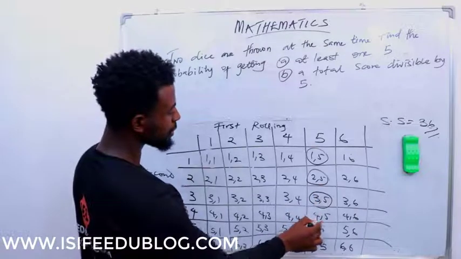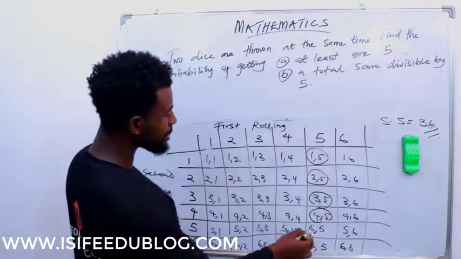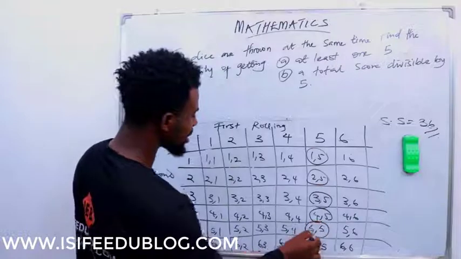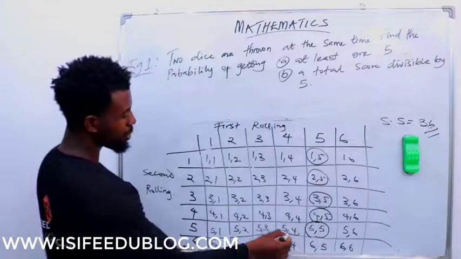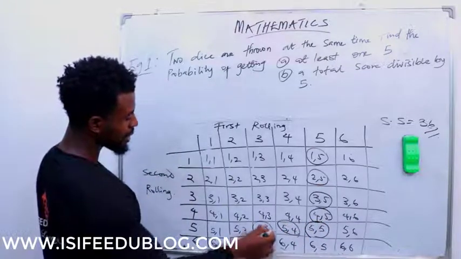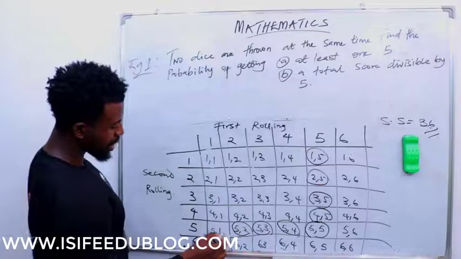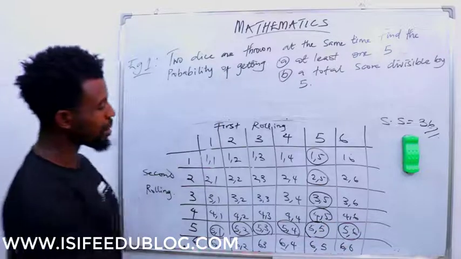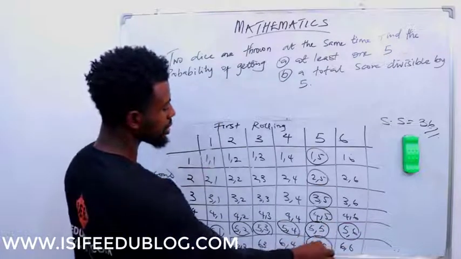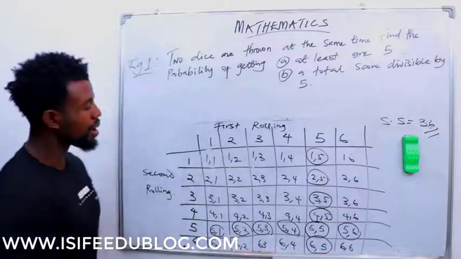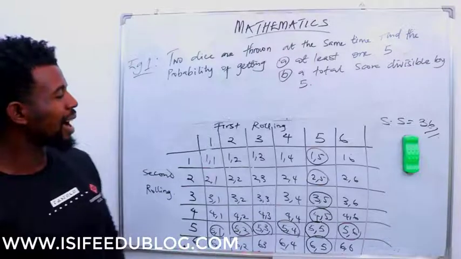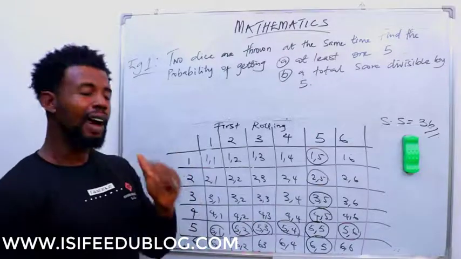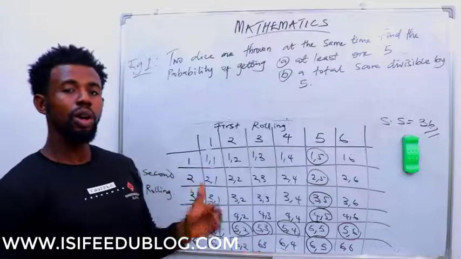Here we have 4 and 5. This is another place. Here we have 5 and 5. This is another place. Here we have 5 and 4. Here we have 5 and 3. Here we have 5 and 2. Here we have 5 and 1. We have 5 and 6. Here we have 6 and 5.